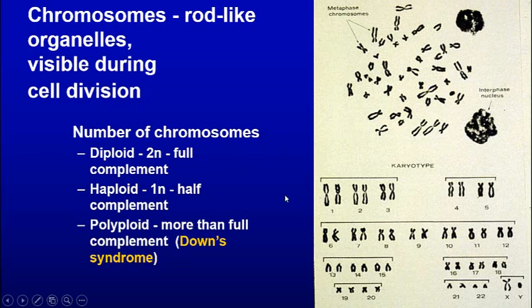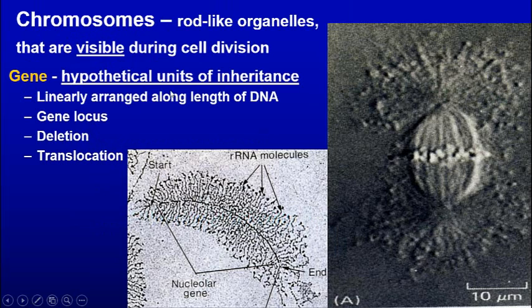Polyploidy is where you have more than the complement. For example, Down syndrome is when you have too many chromosomes, duplicated chromosomes. The chromosomes, or rod-like organelles, are visible at the light microscopic level.